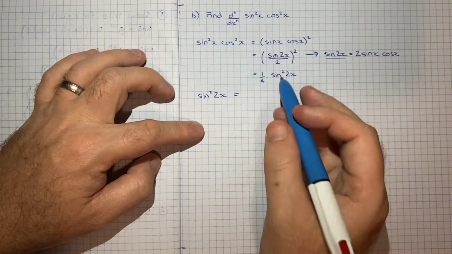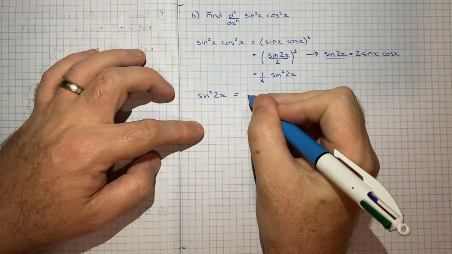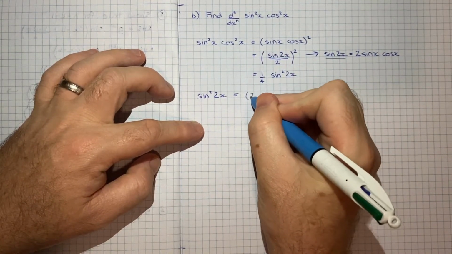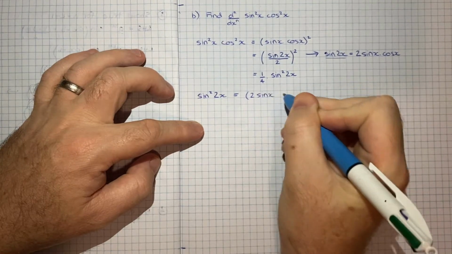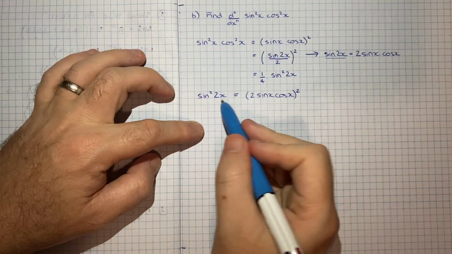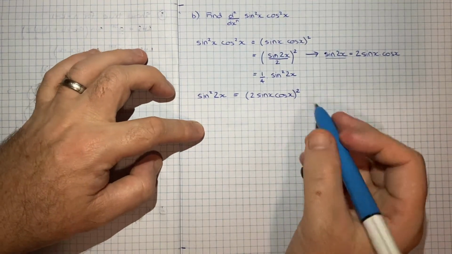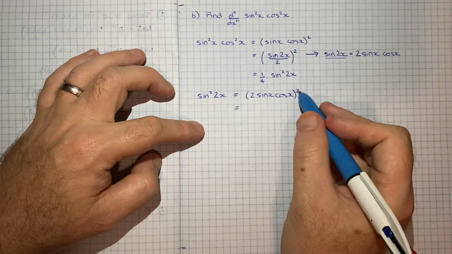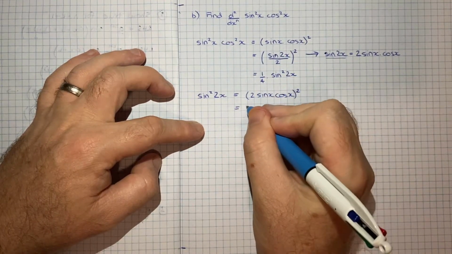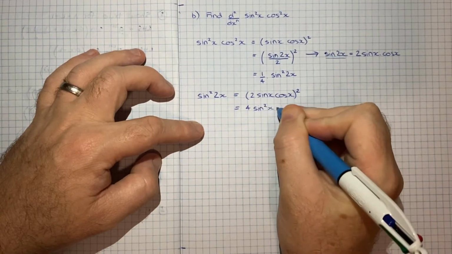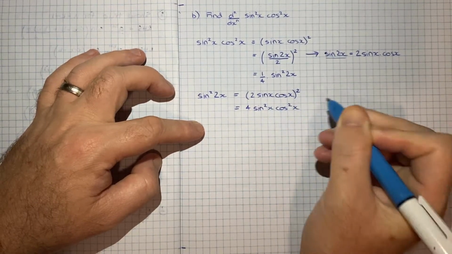So I'm going to replace sin 2x here with 2 sin x cos x, which we know is squared since we have sin²2x. And so I'll now almost do the reverse of what I did here and put the squares through. So 2 squared is 4, sin²x cos²x.